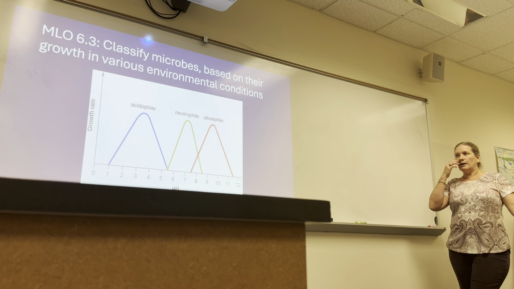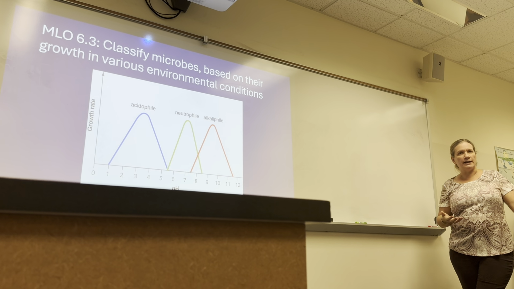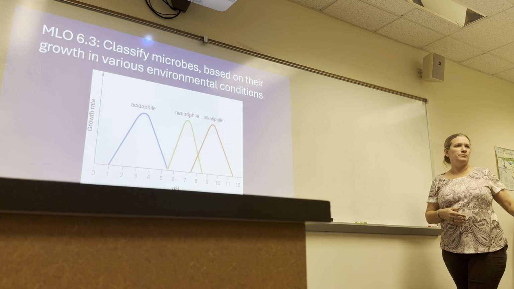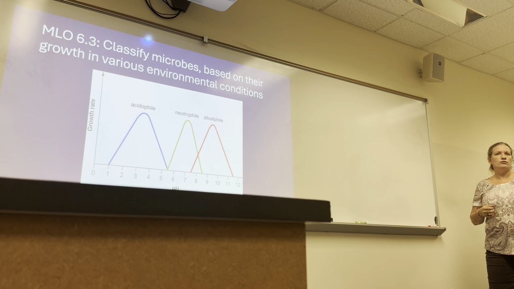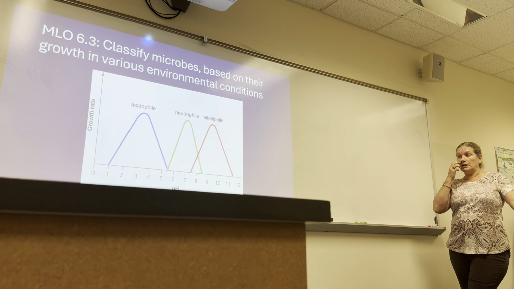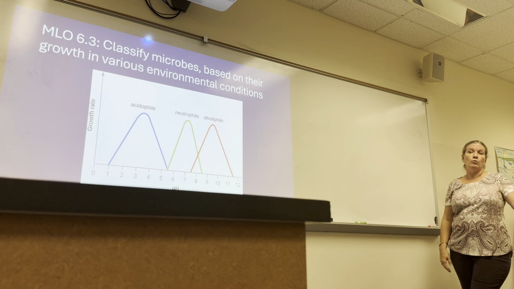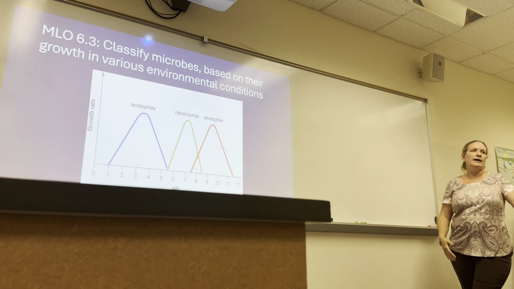Okay, and therefore, yes, some bacteria, but also your archaea, are oftentimes going to fall into these groups. Acidophiles have recognized organisms that are able to grow even at a pH of 0. So very acidic, the most acidic you can get.